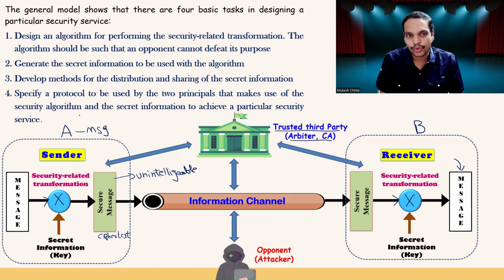Here you specify a protocol which is standardized in a manner that both the sender and receiver will perform this security related transformation according to this protocol itself, for successfully implementing the security services for their information transfer.